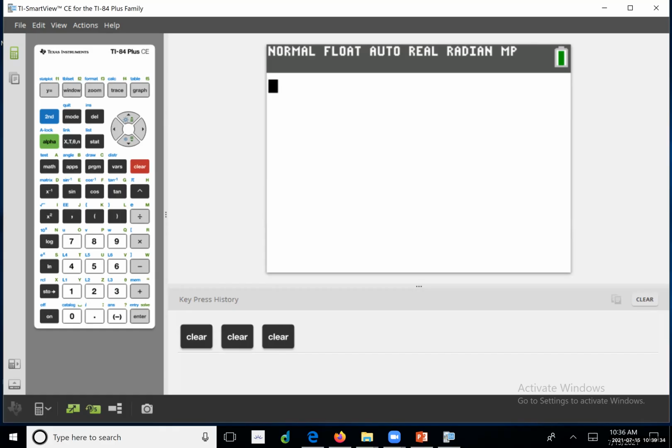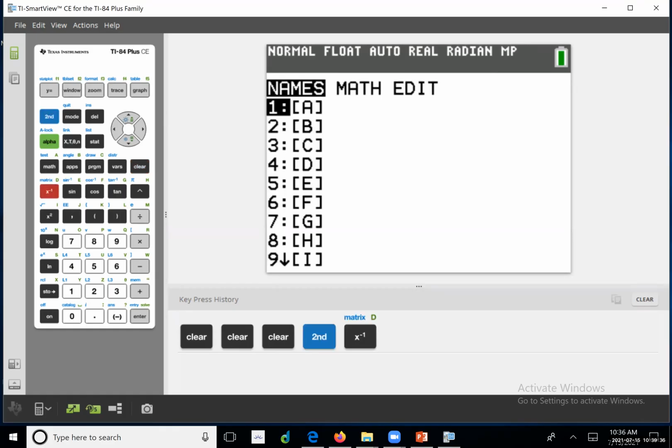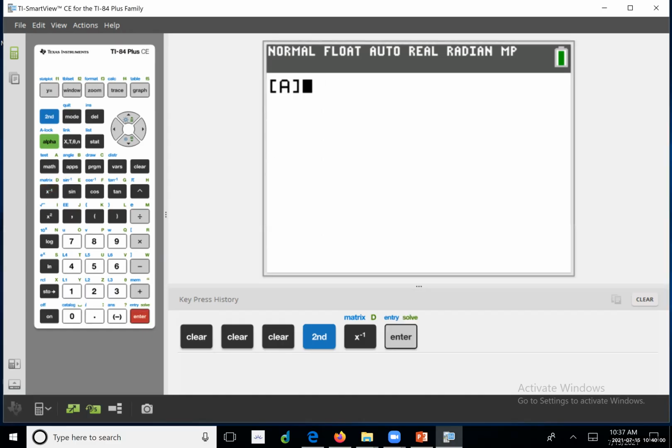It's under second matrix. Because it's two-way, you need to enter it in the matrix. See what I highlighted in red? Second, the red. Second matrix. Do you all get that? Then you want to edit that one.